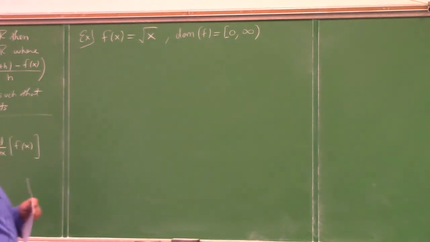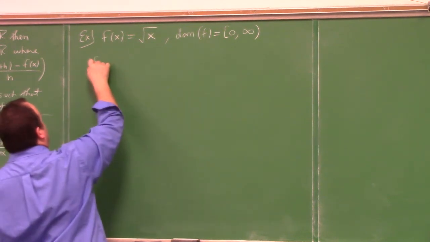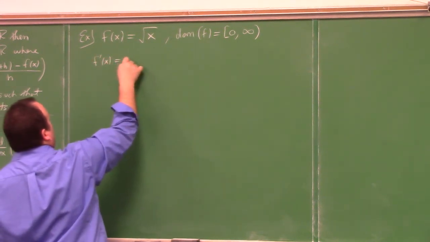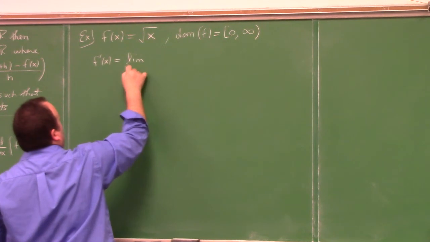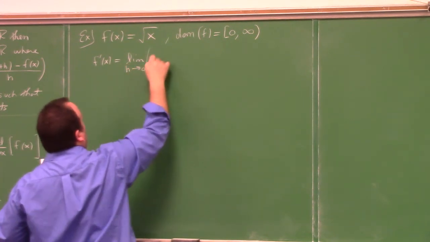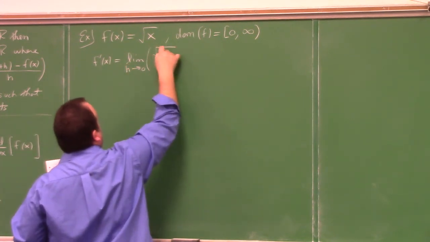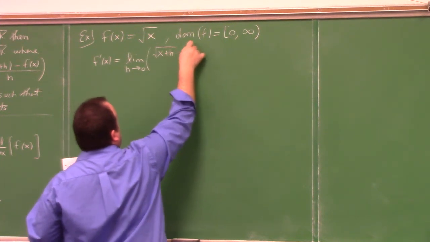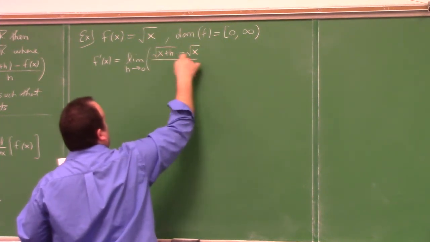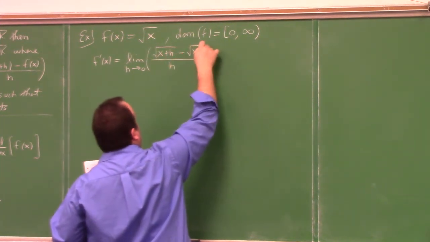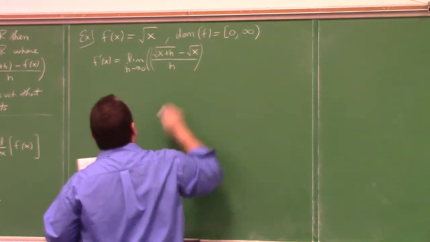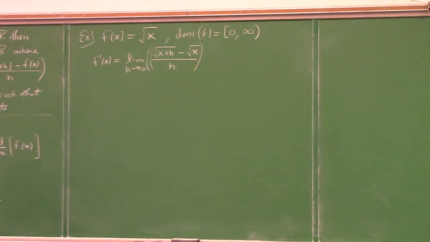So we can try to calculate f prime of x for all those x. Let's do it. F prime of x is the limit as h goes to 0 of the square root of x plus h minus the square root of x divided by h. All right? Now, to calculate that limit, what are we going to do?